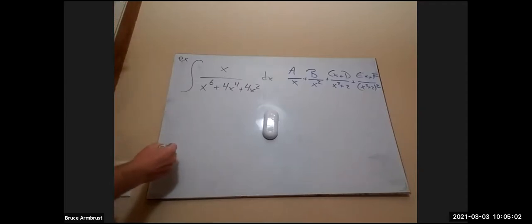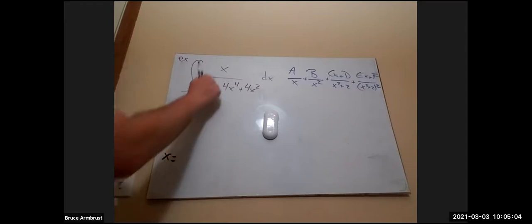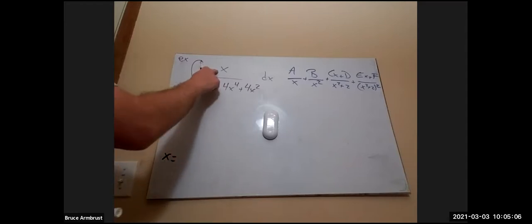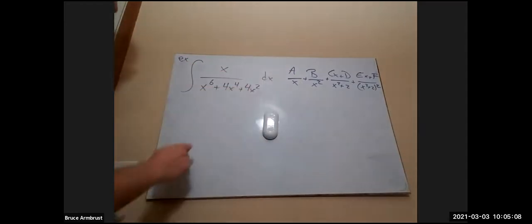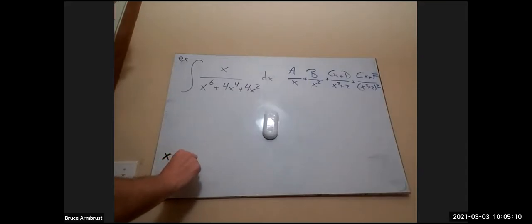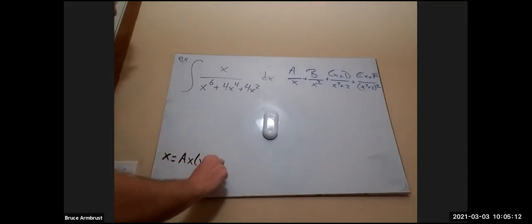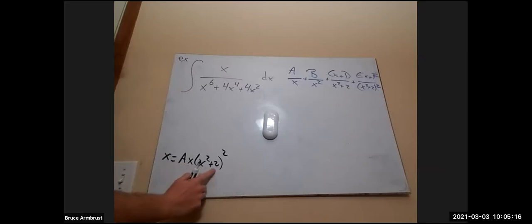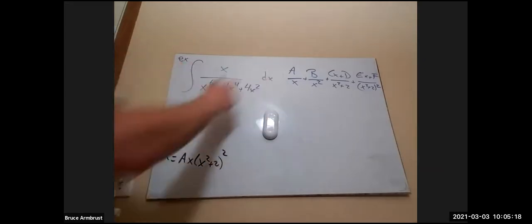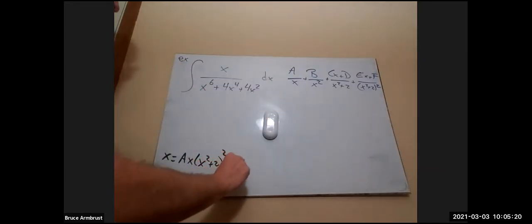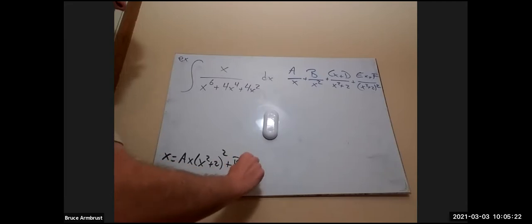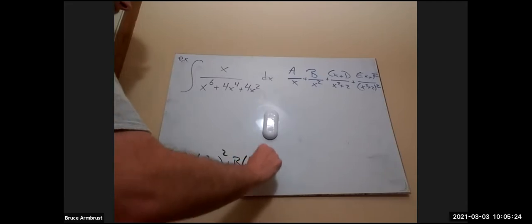We're going to have x equals, because the top was x. So we're going to get a times (x squared plus 2) squared. These are the missing factors in the denominator for a. B is going to get b times x squared plus 2 squared.